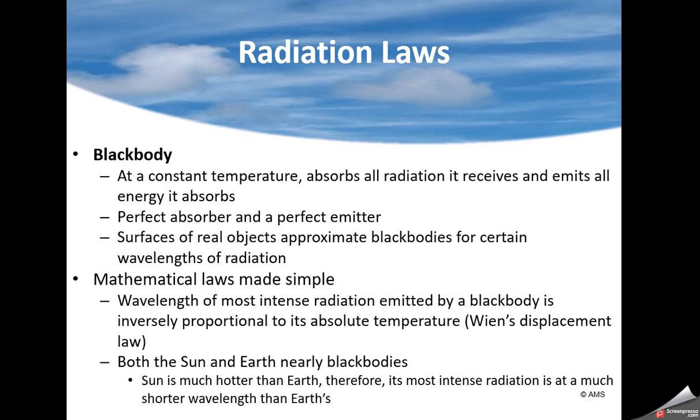Notice it says here, Wien's displacement law. The wavelength of the most intense radiation emitted by a black body is inversely proportional to its absolute temperature. Well, the sun is a whole lot hotter than Earth, right? So, therefore, the wavelength of the sun would be a lot shorter than the wavelength of Earth.